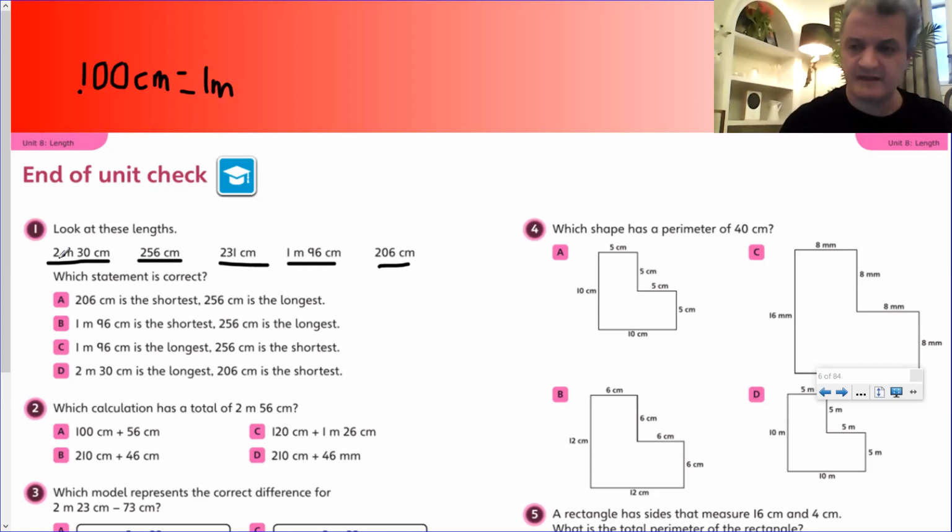So in 2 meters, what's that equivalent to in centimeters? If 1 meter is 100, I have to times the 100 by 2 to get 200 centimeters.